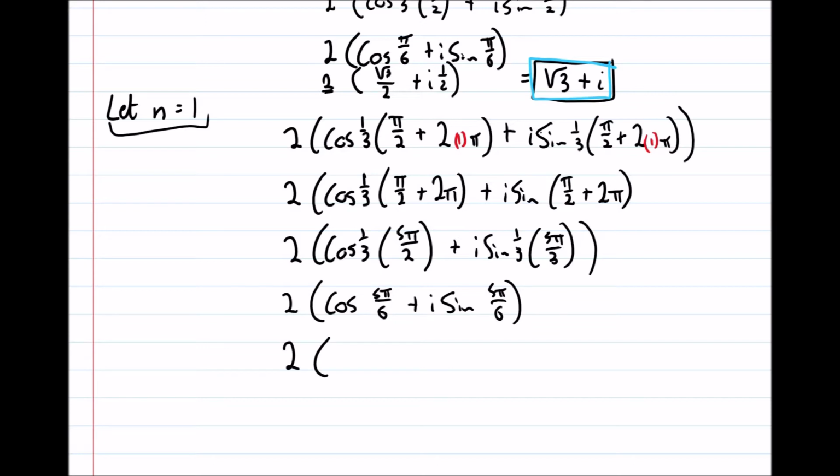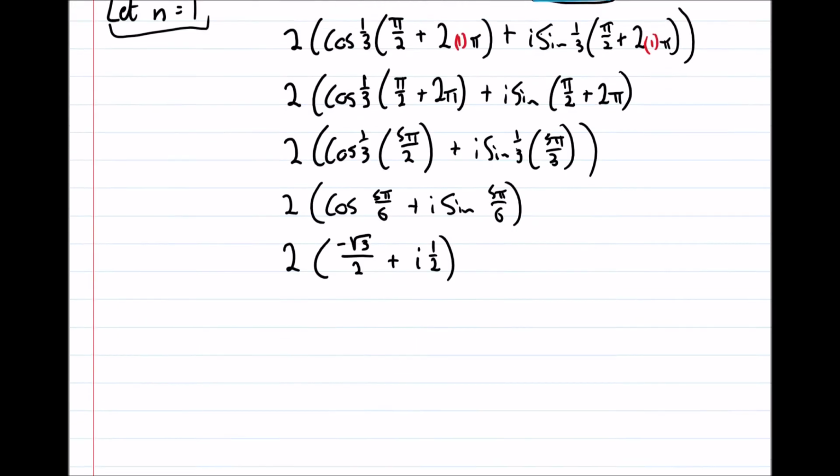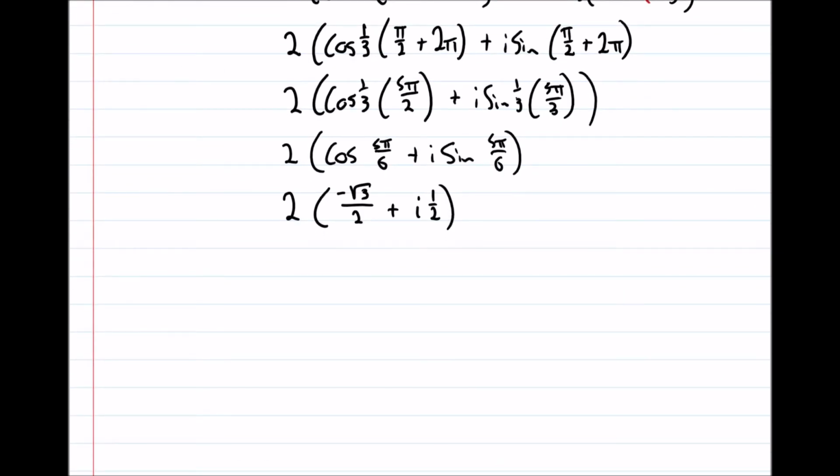And then changing that into rectangular form using our calculator, cos 5 pi over 6 is minus root 3 over 2 plus I half, and multiplying that by 2 we get minus root 3 plus I. And there is my second answer.